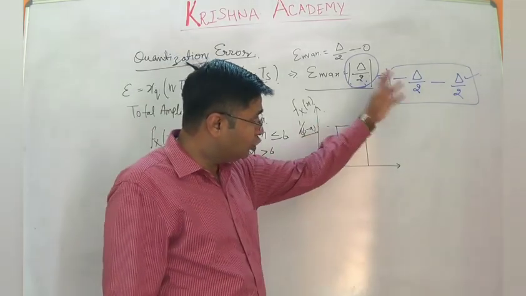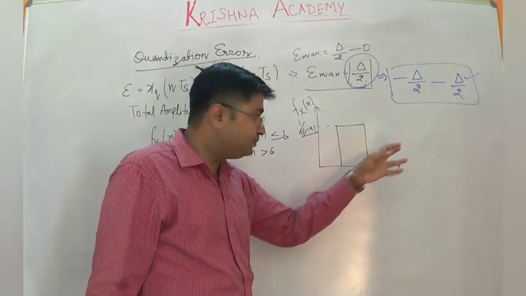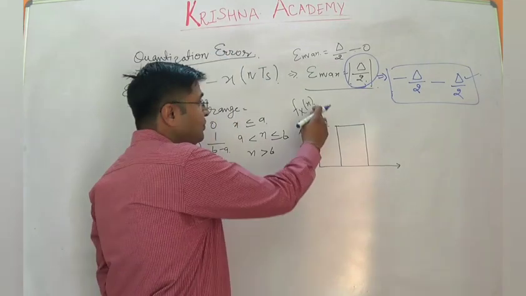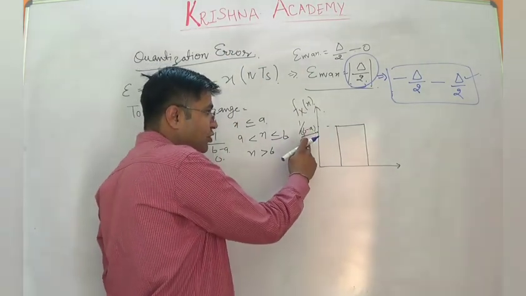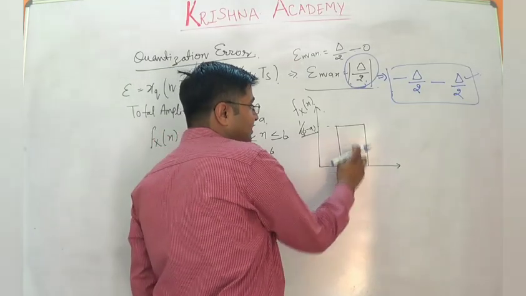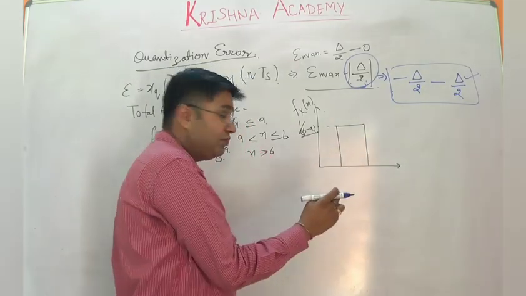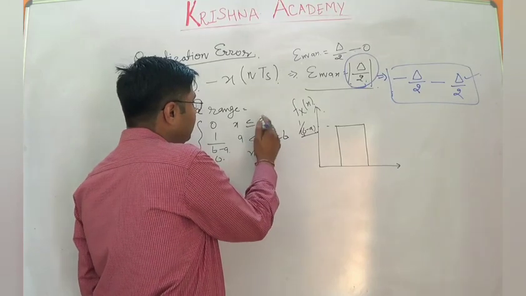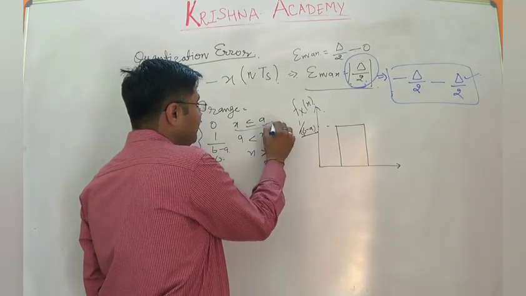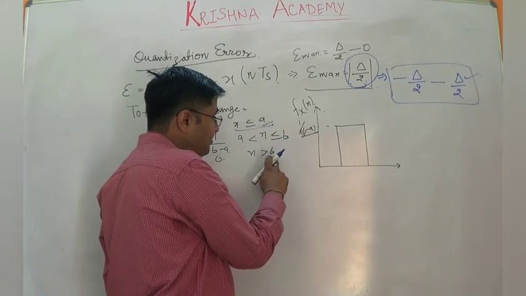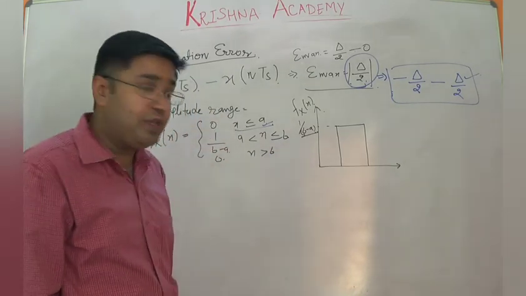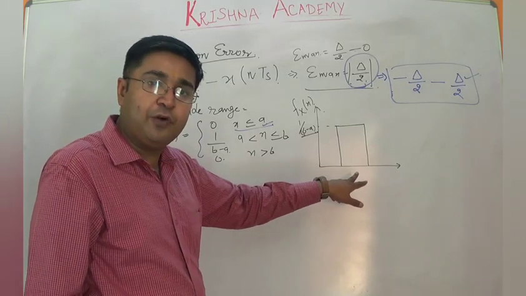If those signals are uniformly distributed and you draw the curve and put the equation over there, this is the maximum limit of that equation, for when x's value is less than or equal to a, or x's value is greater than or equal to b, the two ranges where it is floating around.